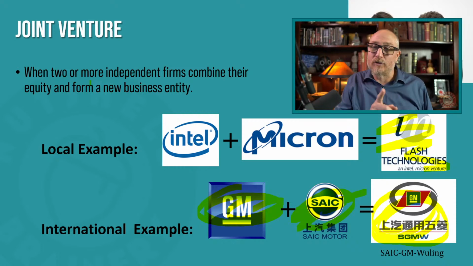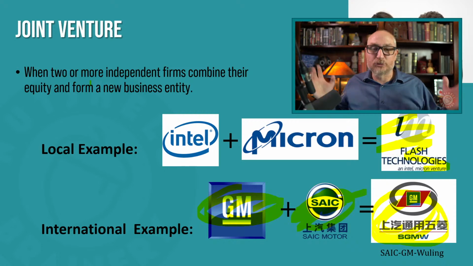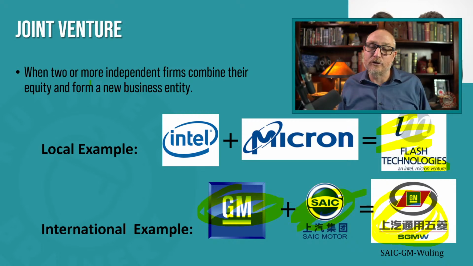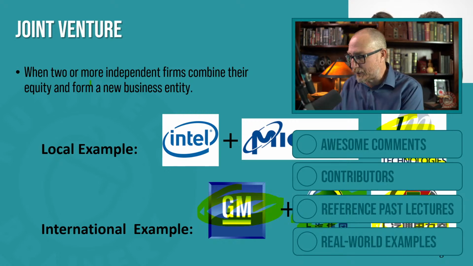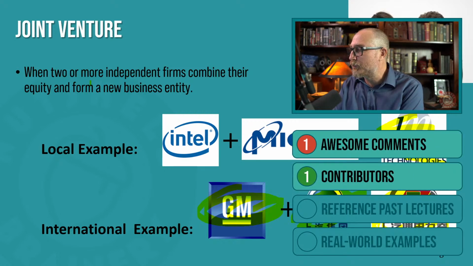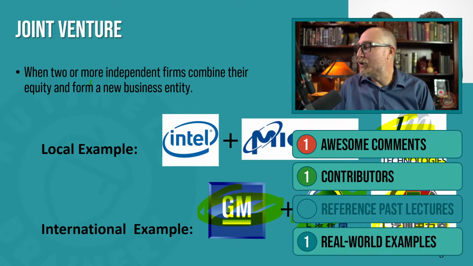You don't have to have a wholly owned subsidiary. There are cases where you can just do something together and it not be a joint venture. But yeah, that's a good example. And because it's a good example, and I'm going to bring that back, we got contributors of an example, and that's a real world example. Very good. Okay.